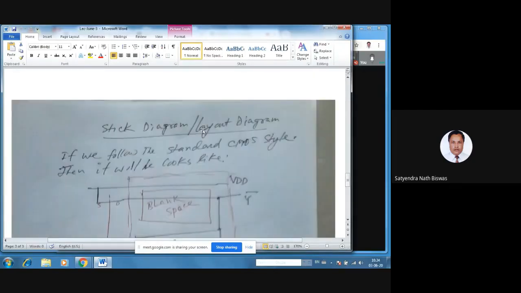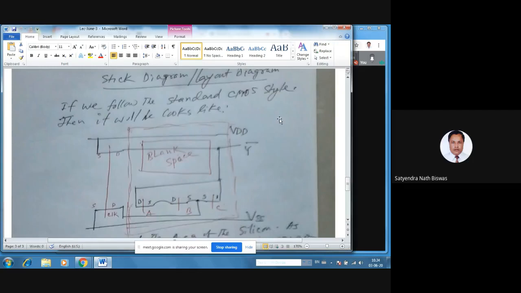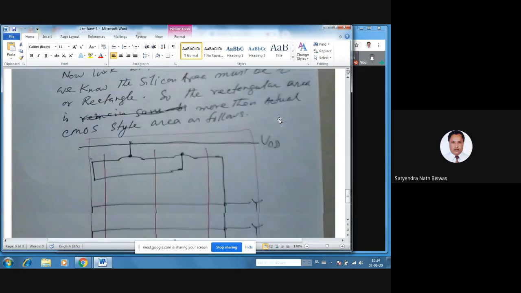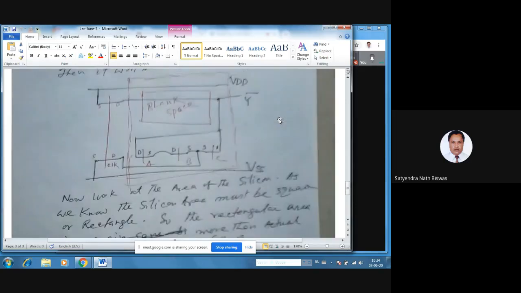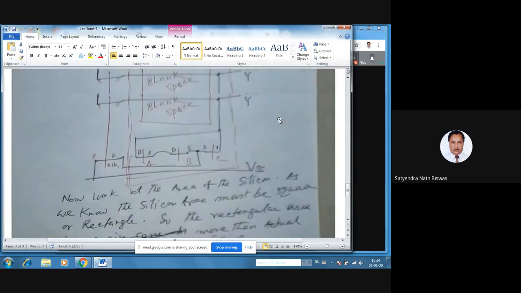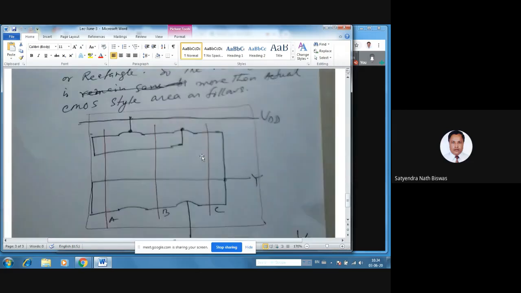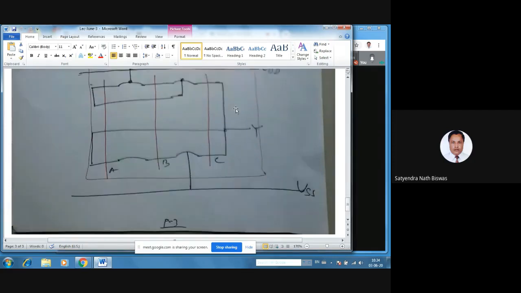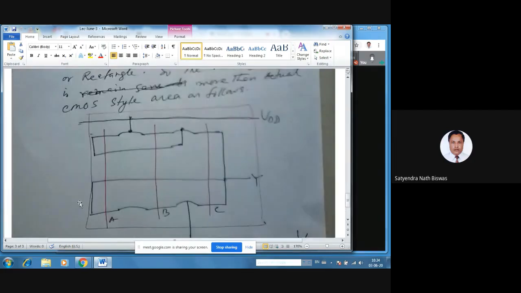Now see the other one. Last class we have seen the layout diagram. Okay, if you look at those diagrams here, normally if we consider the standard diagram, let's look at the bottom one. This is the original diagram for the original CMOS circuit. Right? This is A, B, C, only 3 inputs, and it will be connected like this.